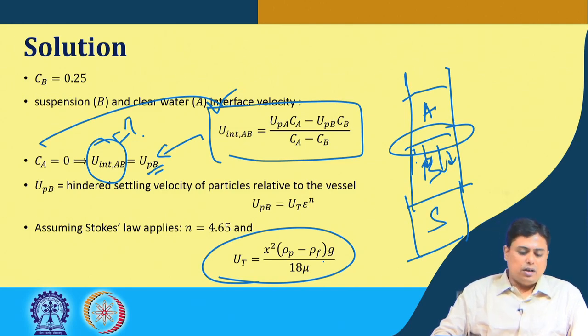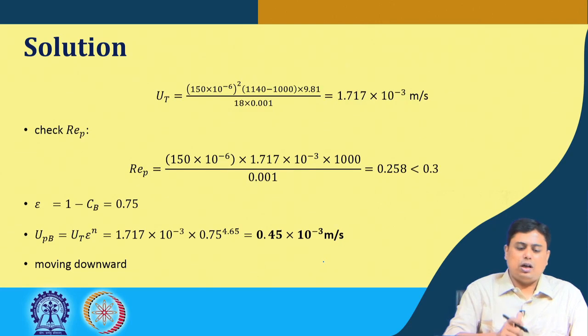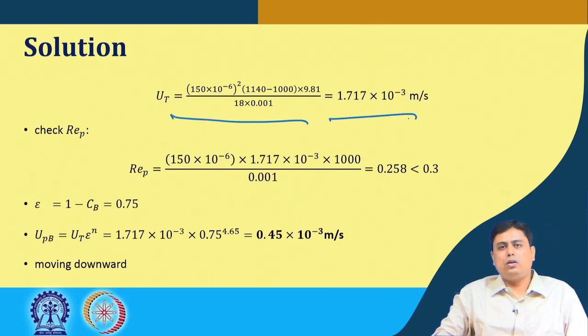So, we can calculate the value of ut because all the information is provided here, which is 1.7 into 10 to the power minus 3 meter per second. But the point is that we have assumed that Stokes law is valid, and that is why we have taken the value of n as 4.65, which has not yet been utilized.